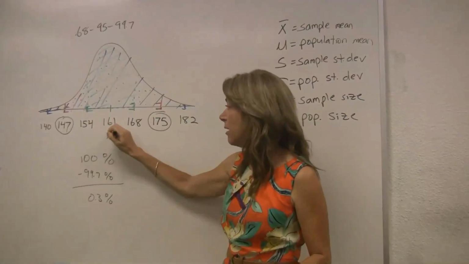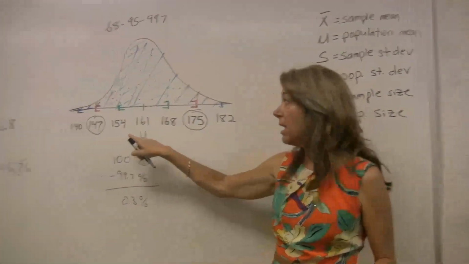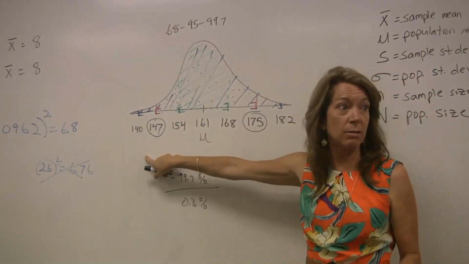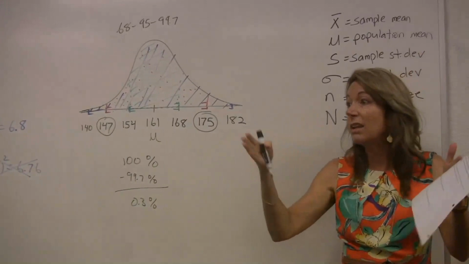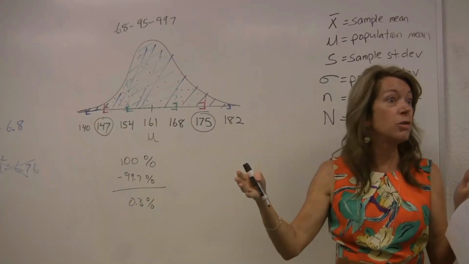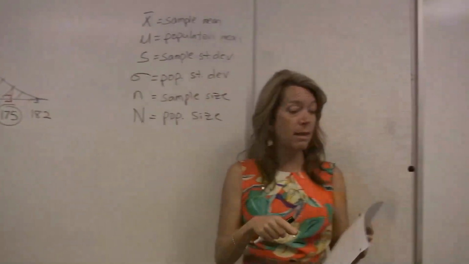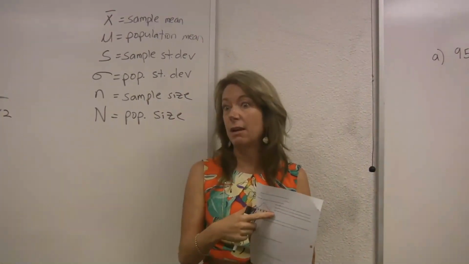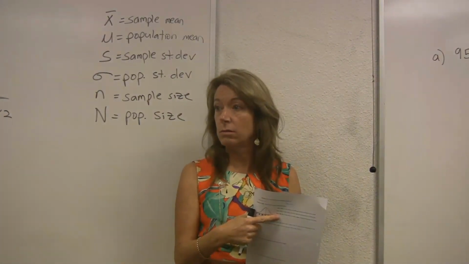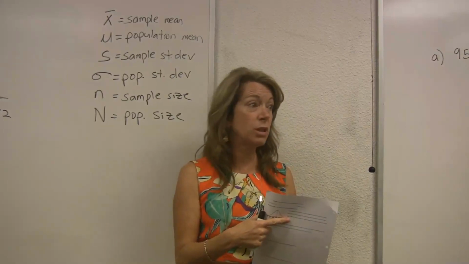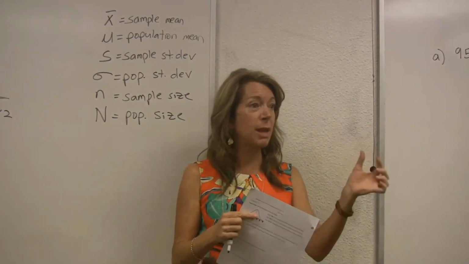Remember, this is mu right here in the middle. So that's 2 standard deviations below and that's 2 standard deviations above. So all those people are within 2 standard deviations. They're not more than 2 standard deviations away. And that's what the rule tells us: 95% are within 2 standard deviations. There's no work to do besides recognizing it was 2 steps away.